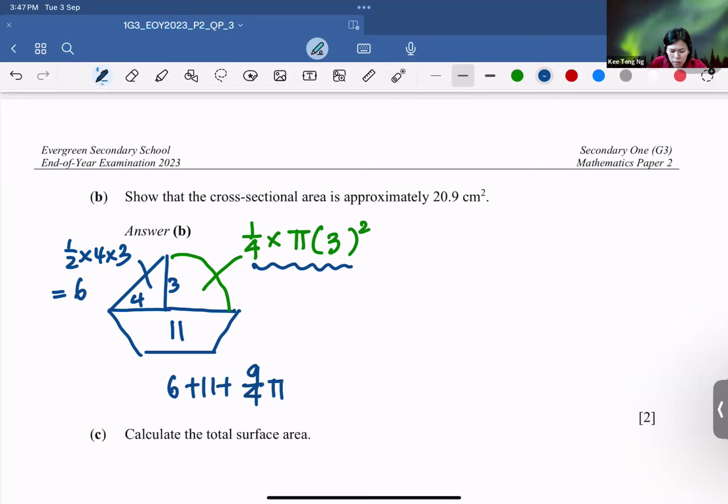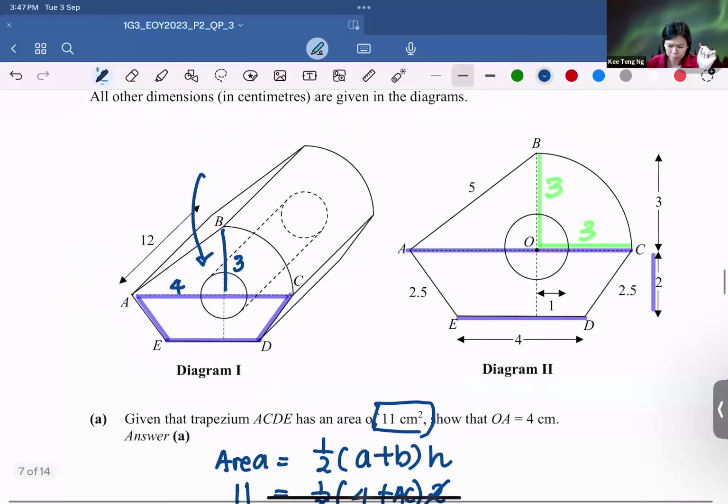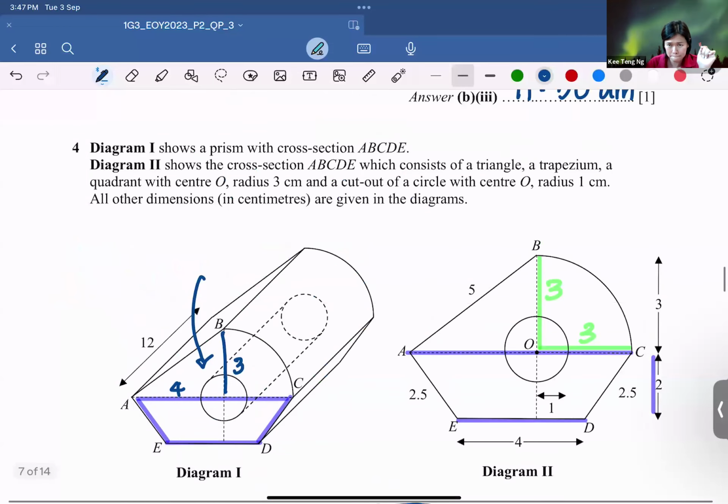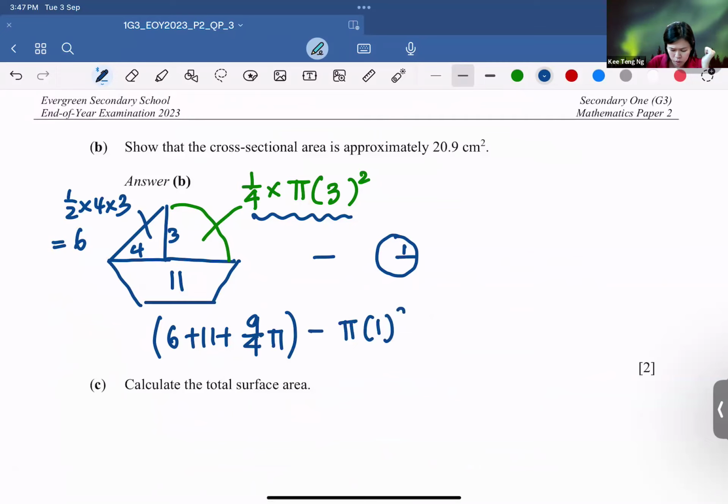This whole area, I need to minus away. I'm cutting out, right? A circle in the middle. And the radius of this circle is 1 cm. So I need to cut out the 1 cm. Oh, this looks like a Pac-Man. So minus pi r squared.